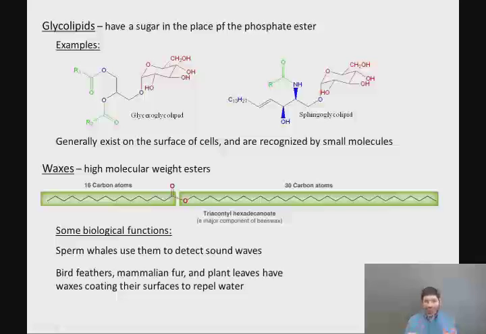So many of them have waxes coating their surfaces, things that live outside, in order to be able to repel water when it rains, or in the case of certain plants, be able to keep the water that they need inside the plant. Okay, so structural lipids: phospholipids, glycolipids, sphingolipids, and waxes. So our next stop in the tour through lipids is going to be the steroids.